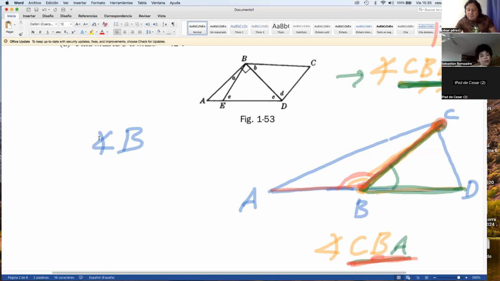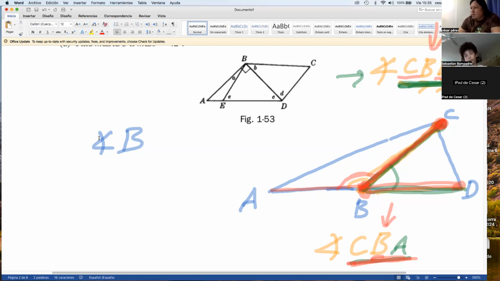The letter in the middle tells us the vertex. The other two letters say where we start and where we end.